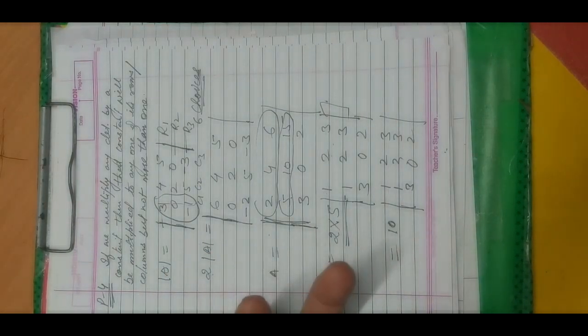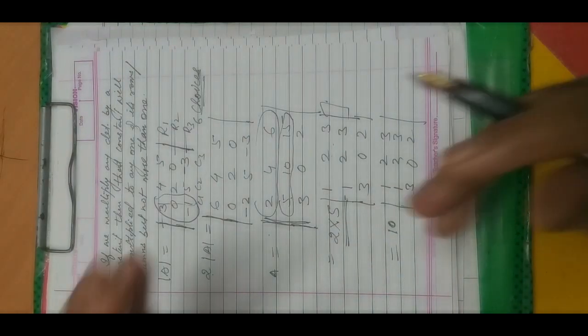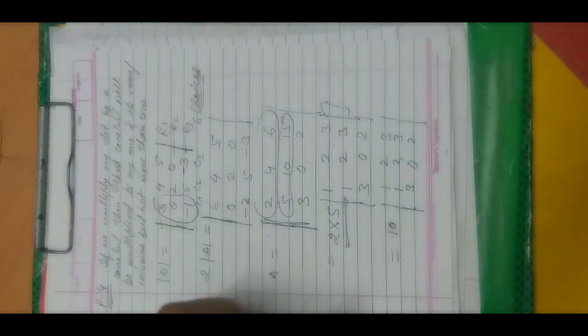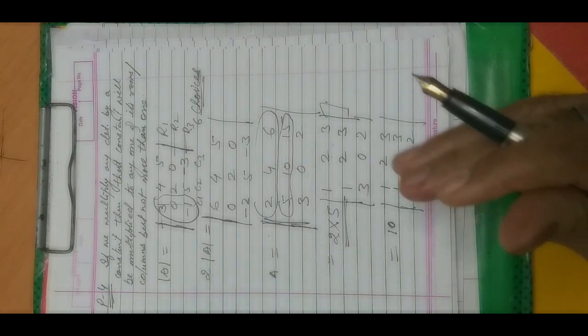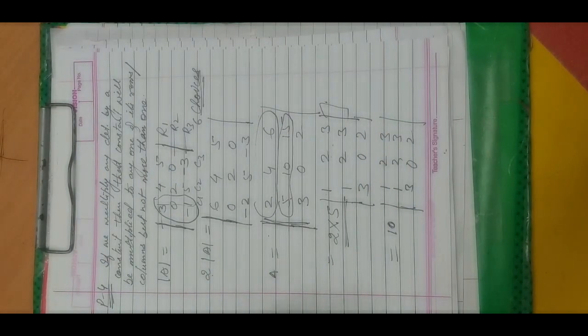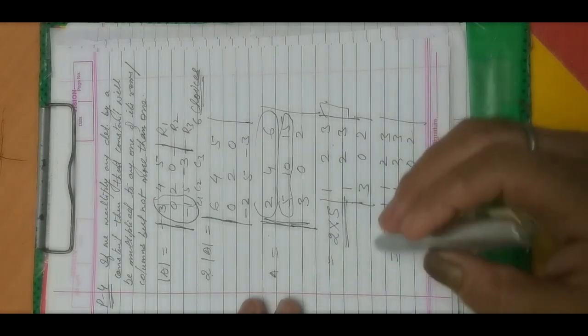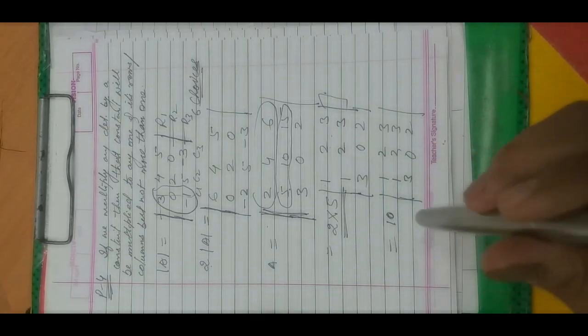Or if we are taking something common from the matrix, then we should take it common from all the elements. We cannot do that with any single row or column. That is the case of a determinant only. In the case of a determinant, we can take common from a single row or single column only, or multiply to a single row or single column only. That is the case of multiplying a determinant by a constant.